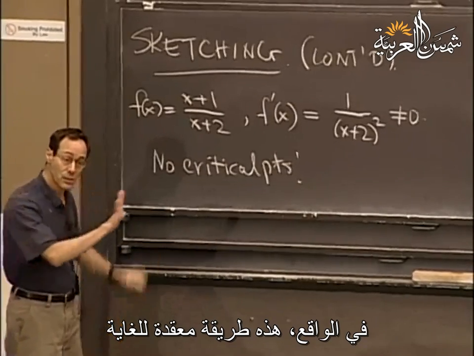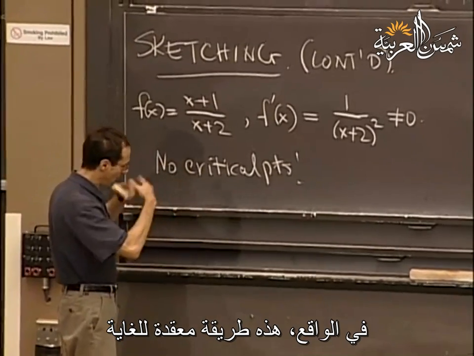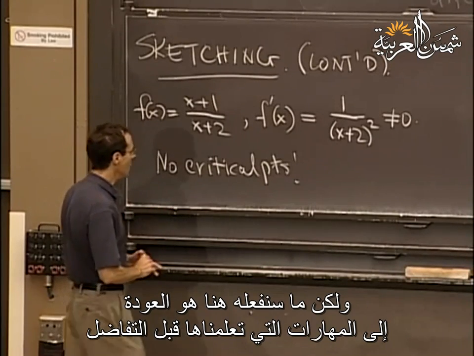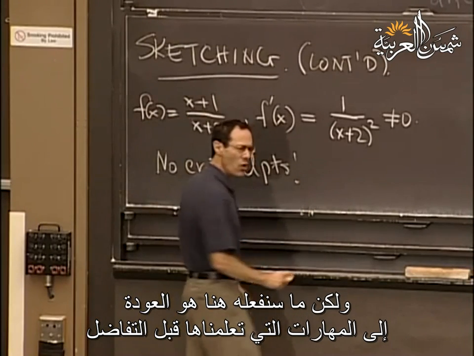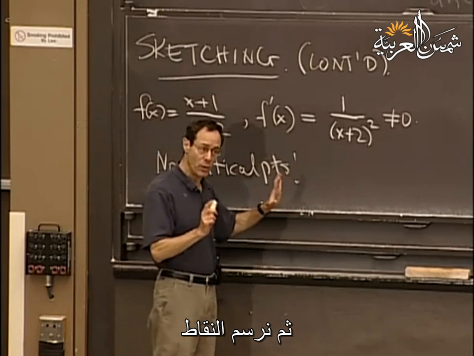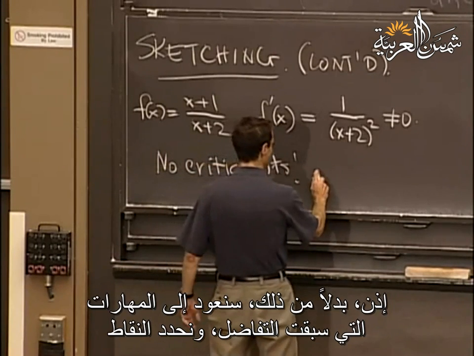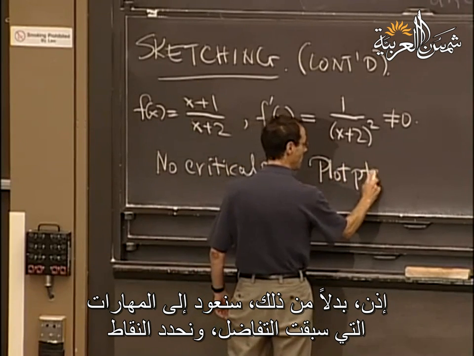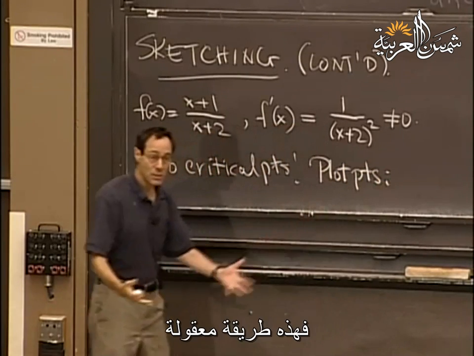In fact, now that's a fairly sophisticated way of putting the point that I want to make, which is that what we want to do is go back to our pre-calculus skills and just plot points. Okay? So instead, you go back to pre-calculus and you plot some points. That's a perfectly reasonable thing.